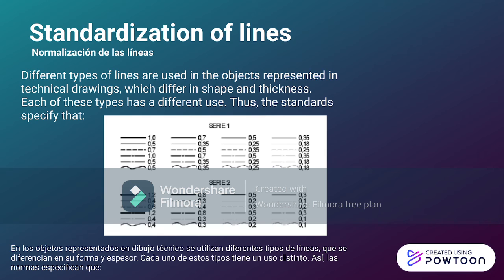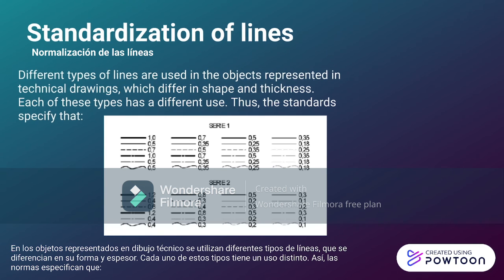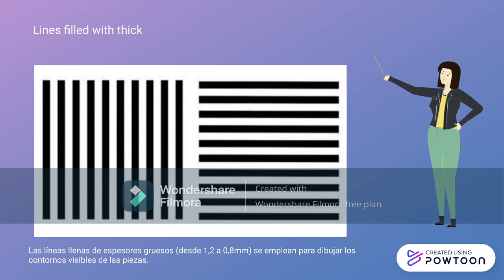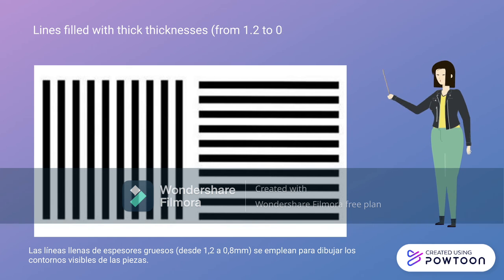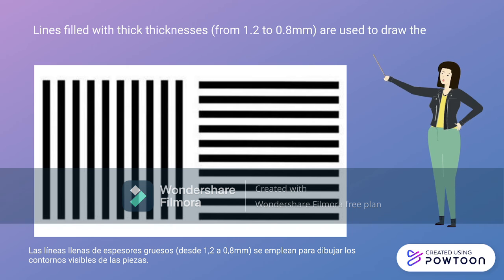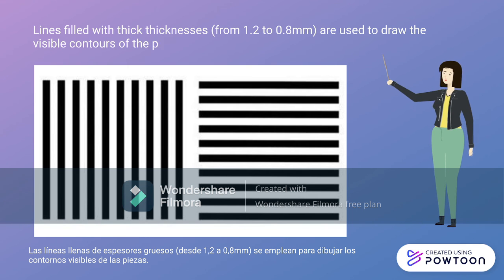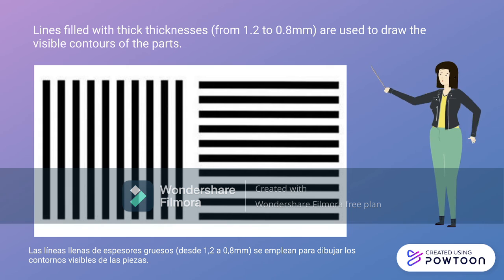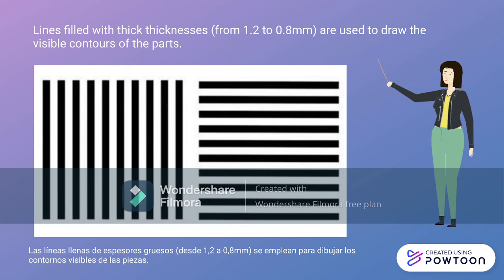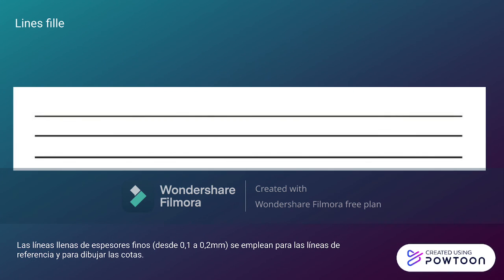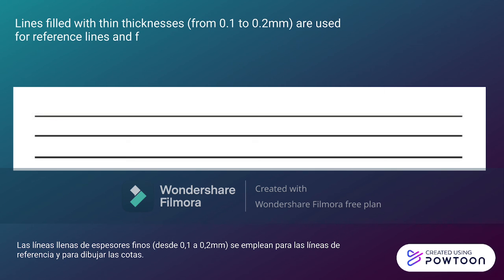Thus, the standards specify that lines with thicknesses from 1.2 to 0.8 millimeters are used to draw the visible contours of the part. Lines with thicknesses from 0.1 to 0.2 millimeters are used for reference lines and for drawing dimensions.